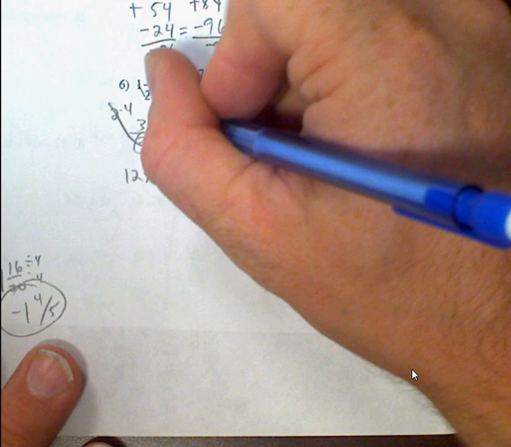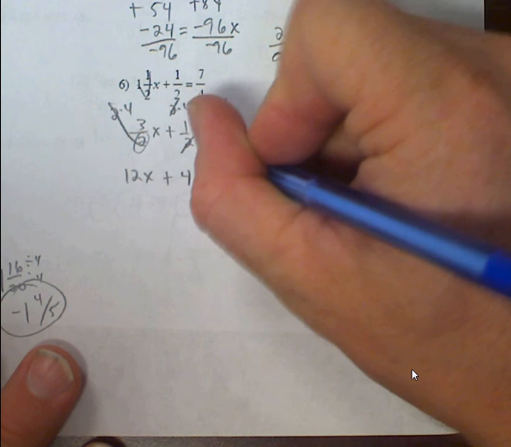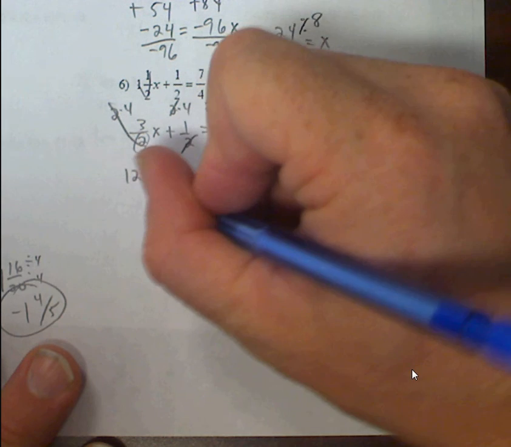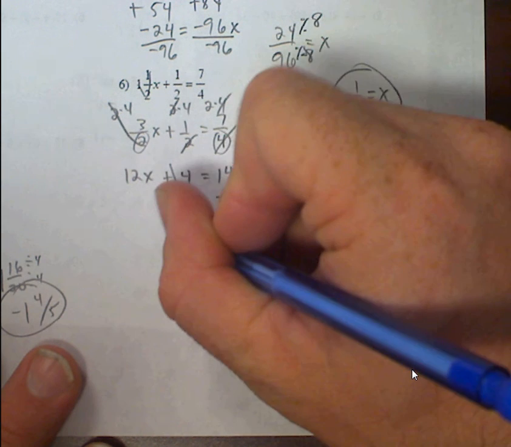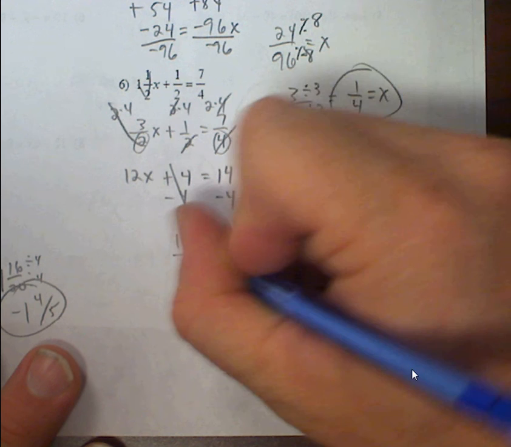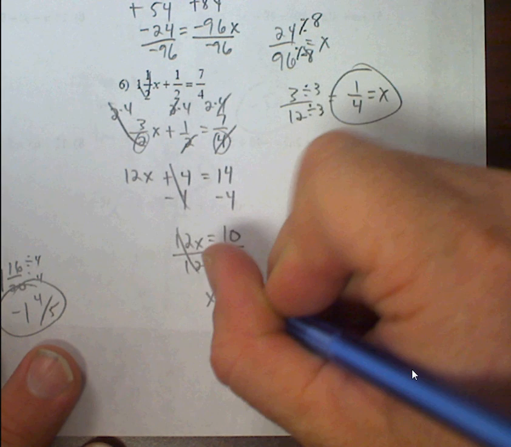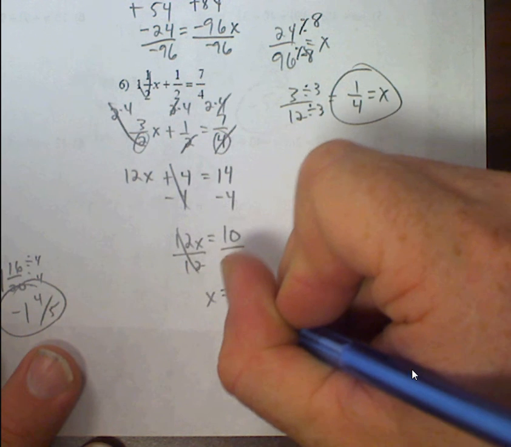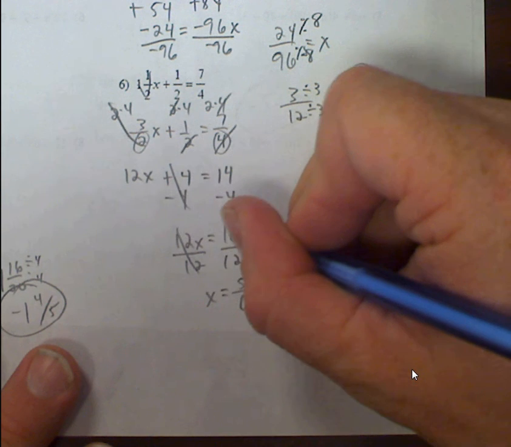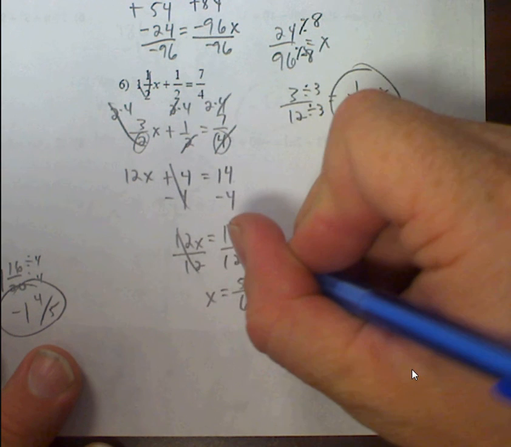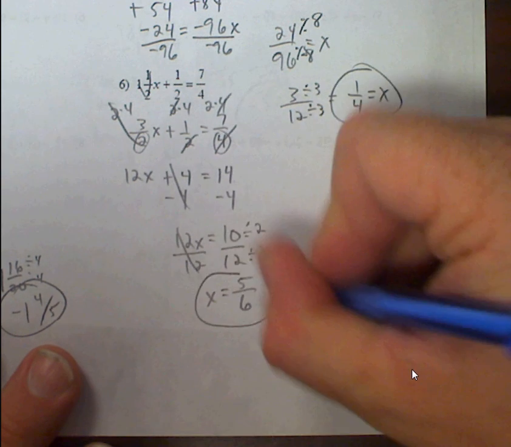My 2's will cancel, 4 equals, my 4's cancel, 14. Get rid of my 4. 12x equals 10. Divide by 12, x equals 10 over 12, reduced by 2, and I get 5 over 6.